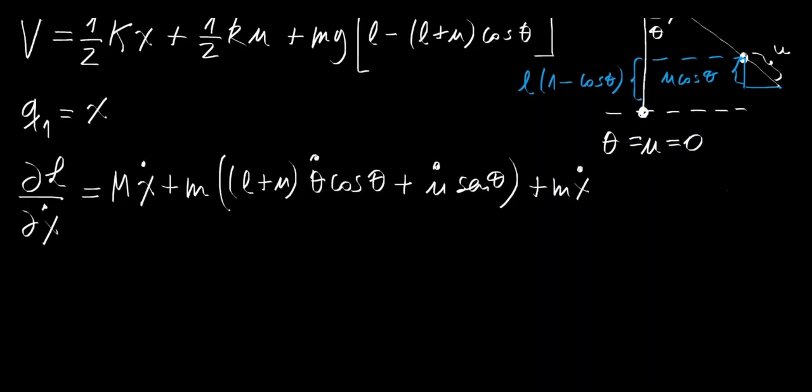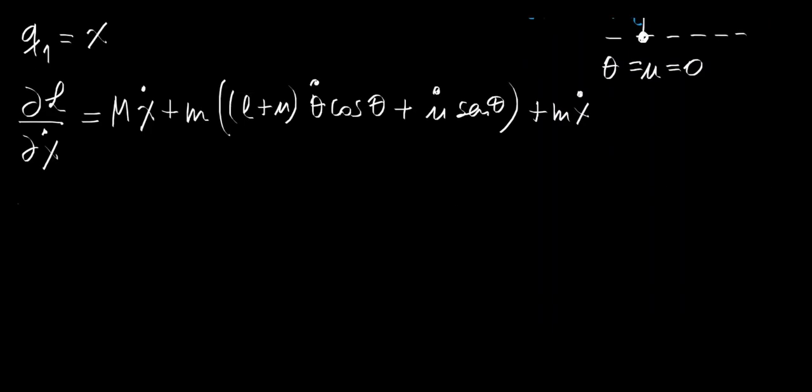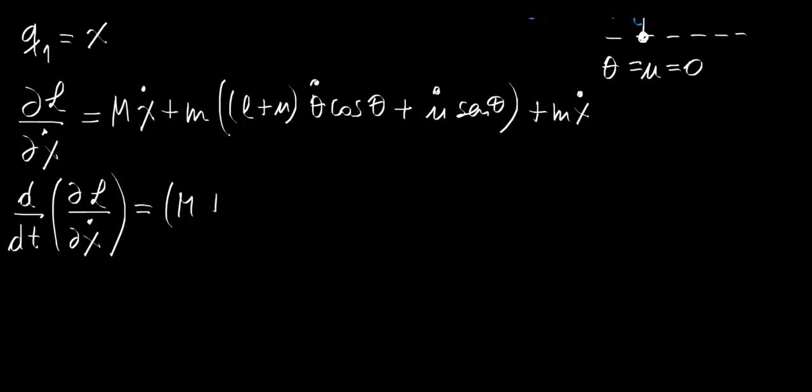Okay, again, now we need to find the total derivative with respect to time of this latter partial derivative. Here things will turn a little bit bigger, but there are two terms that are fairly easy. Again, in this first and last term, it will be just this expression, and now we have to derive all these parentheses here.